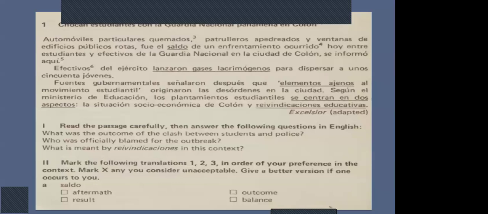Okay, good morning. Maybe the title could be Students Clash with Panama's National Guard in Colón.